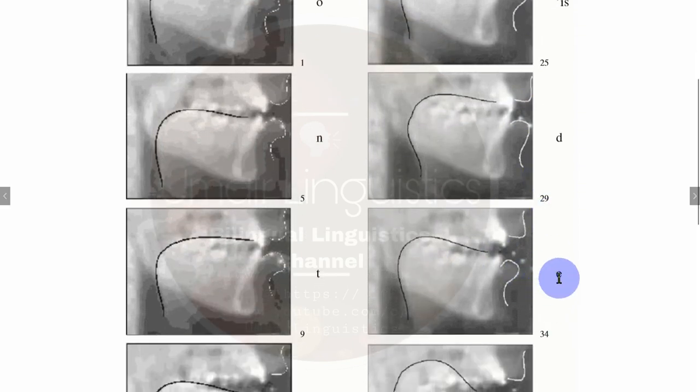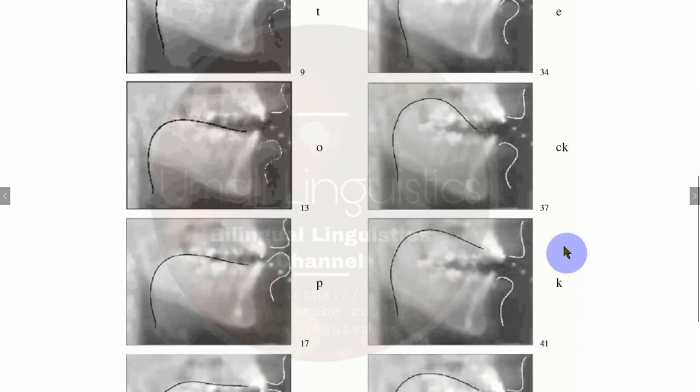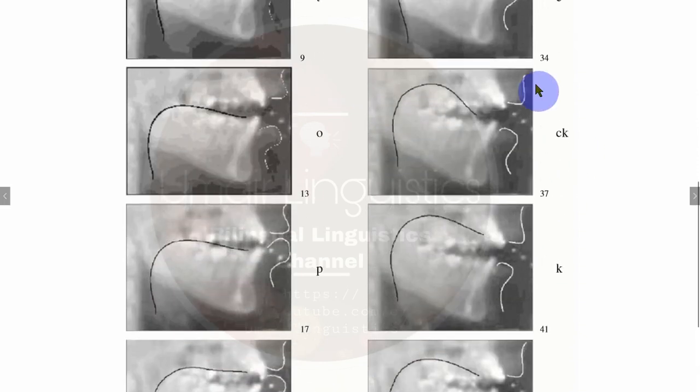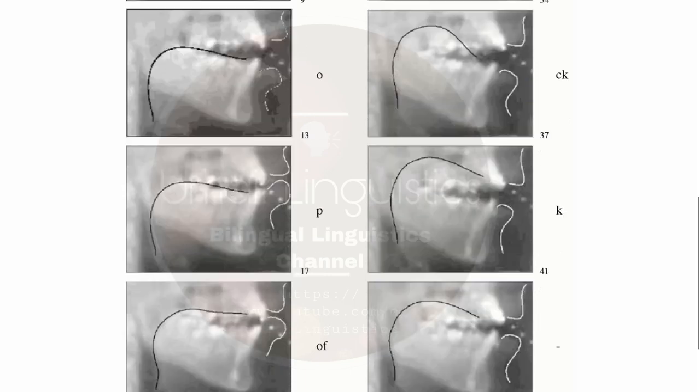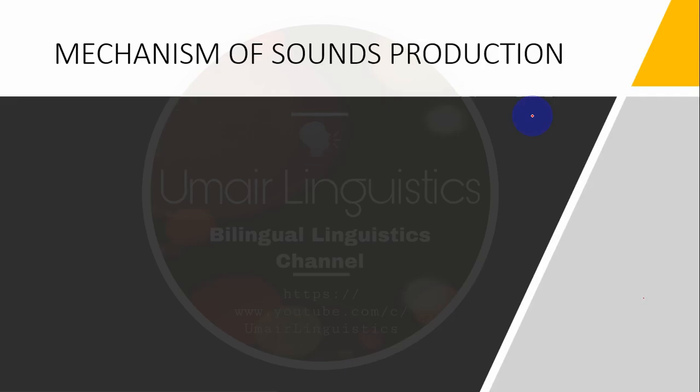Once again here in "deck," in the "e" sound, the mouth is more open, and then "k." Because they have divided it into frames, they have provided sufficient information here. So I hope you have some idea about that.